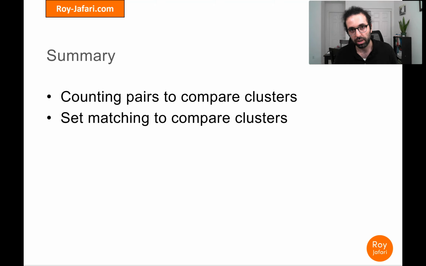And then we also learned about set matching, which sees the clusterings as categorical attributes, specifically nominal, and uses a confusion matrix to see the relationship between them. And the H criterion has a specific and systematic way to come to a number about the dissimilarity between the clusterings. Alright, until the next video.